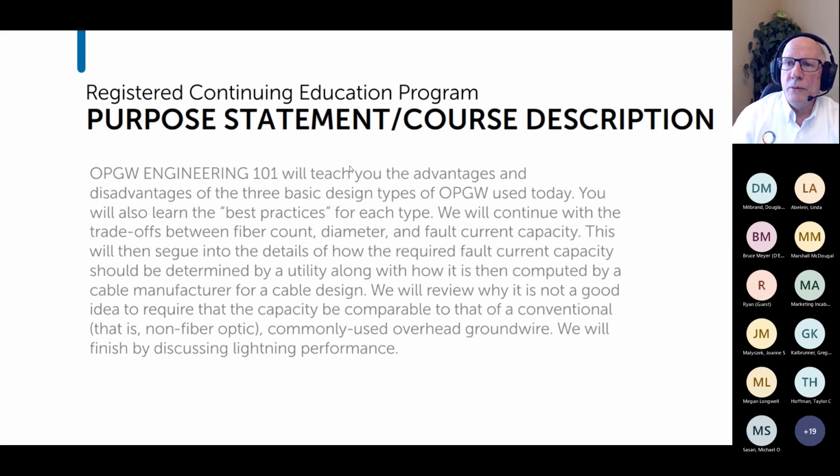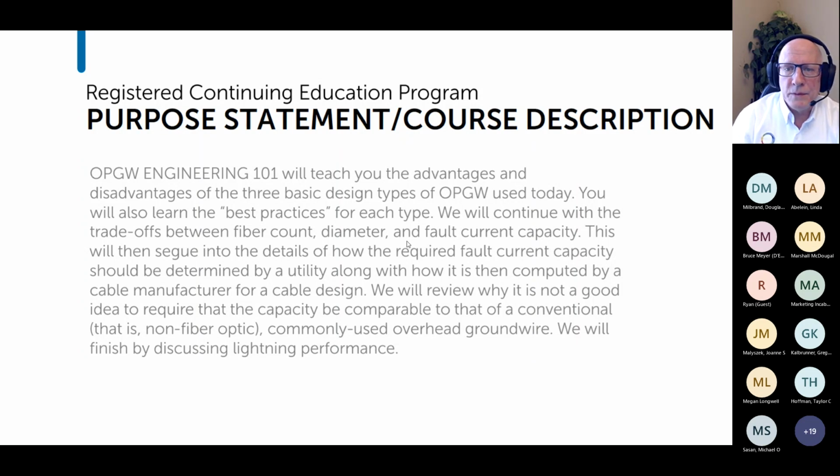So we begin with a purpose statement. We're going to talk about the advantages and disadvantages of the three basic design types of OPGW that are used today. We'll talk about the best practices for each type. And we're going to talk about some design considerations, the trade-offs between them: your fiber count, your diameter, your fault current capacity.